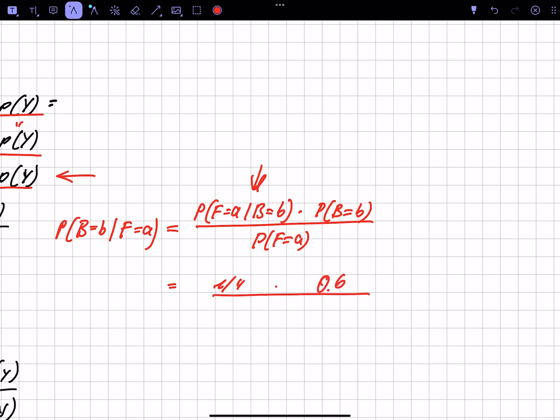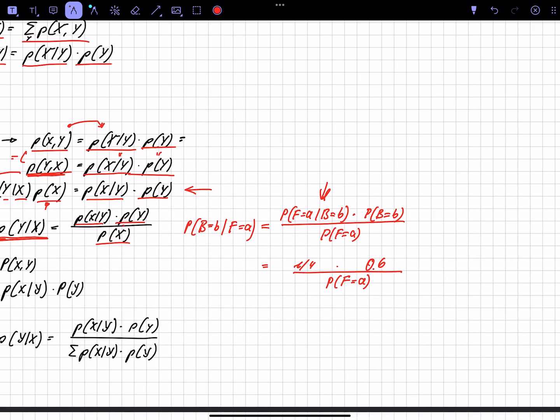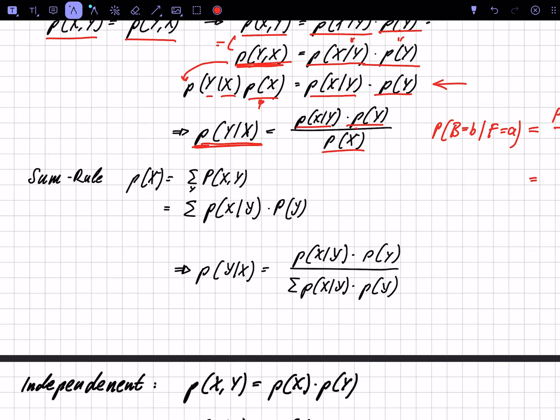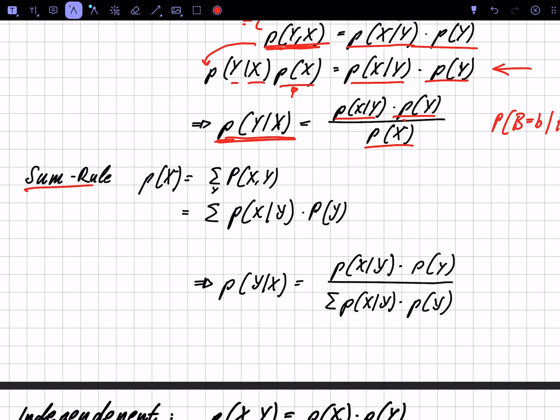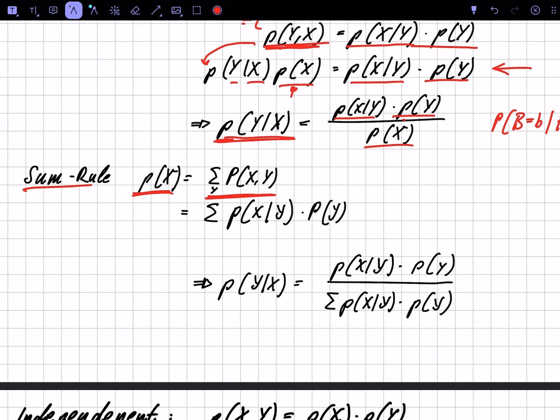And now we just have to find out what the probability of an apple is. And that's again where we use the sum rule. So we want to find out that, for example, in this case, the fruit is an apple. So we sum over all the boxes. In our case, we use the probability that it's an apple given some box times the probability of that box.